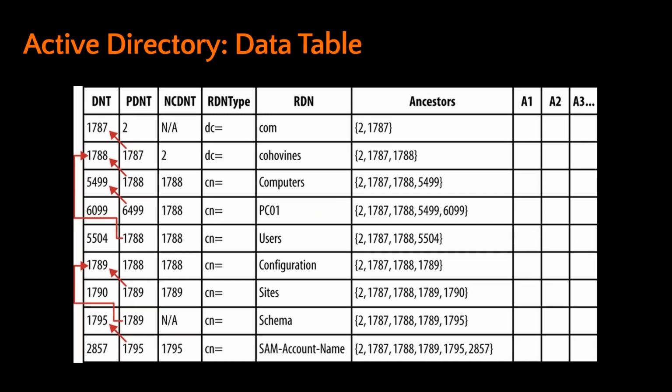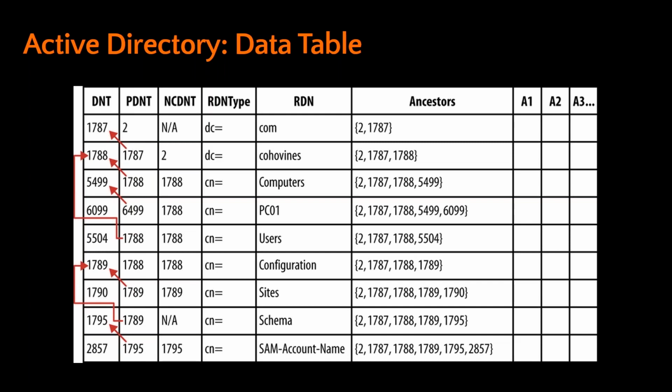There are two columns, DNT and PDNT. DNT is called distinguished name tag, and this is a unique number which is never reused. This number is unique only on one domain controller.